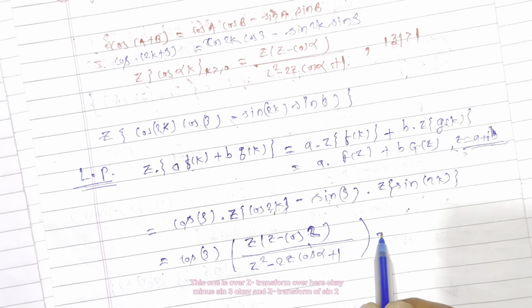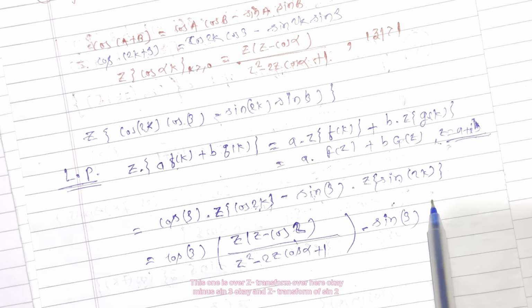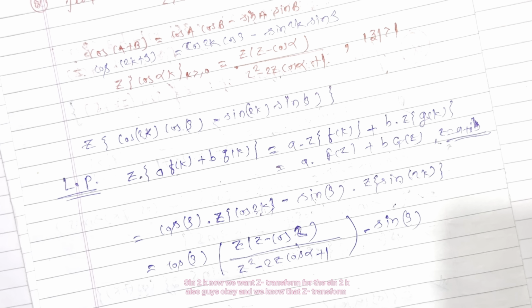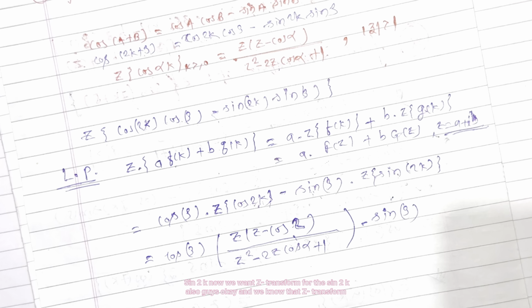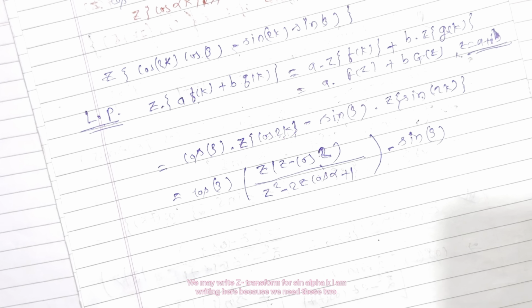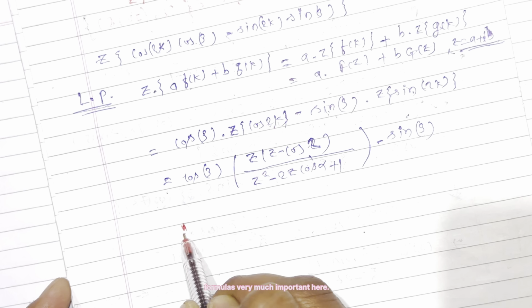Minus sin 3, and the z transform of sin 2k. Now we want the z transform for sin 2k also, guys. Let me write the z transform for sin alpha k. I'm writing it here because we need these two formulas, very important here.